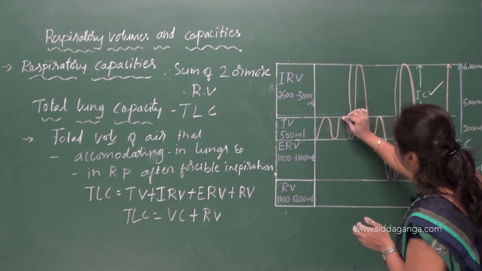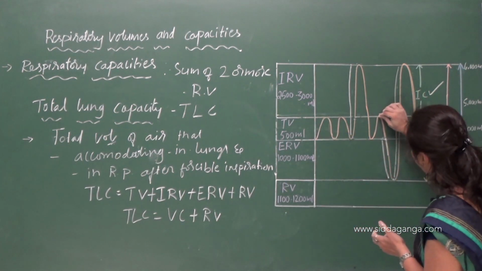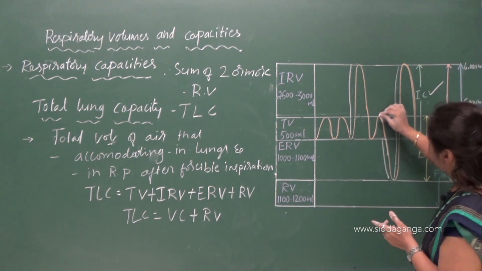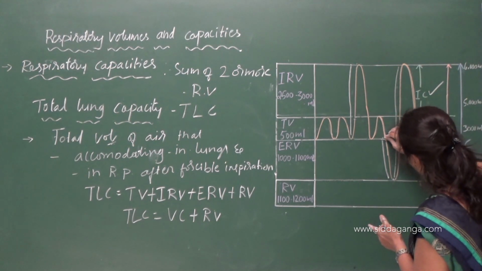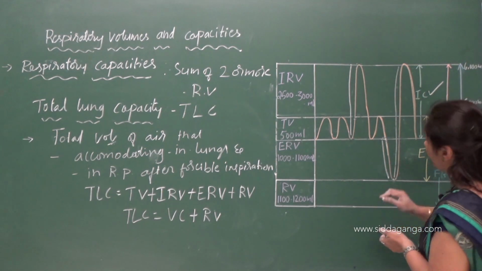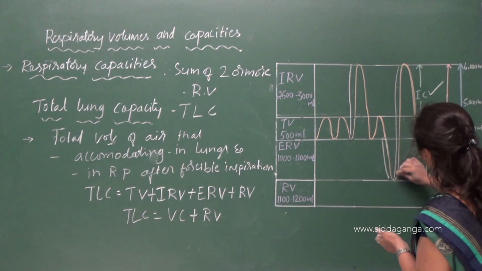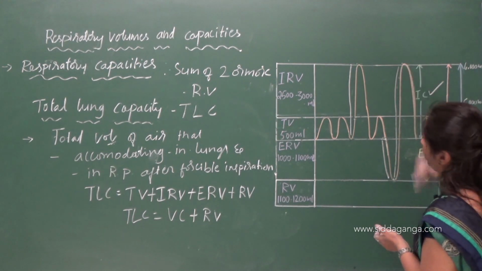This is normal breathing, normal inspiration and expiration, which is TV, and here again this is normal. Again this is normal inspiration and normal expiration, and this is forced expiration. And this is again forced inspiration.